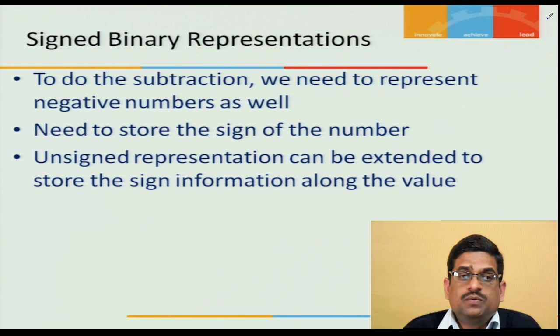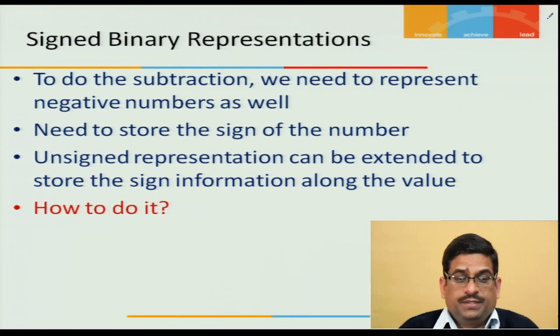Can the same unsigned representation be extended to store the sign information along with the value? We can say some portion of the number tells the magnitude or value of the number, and let's say 1 bit can say that this is the sign of the number.